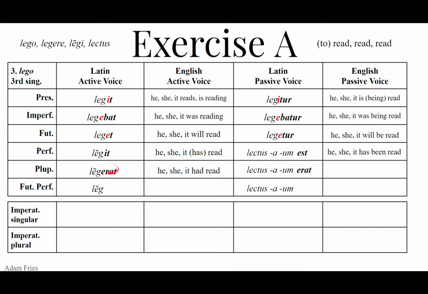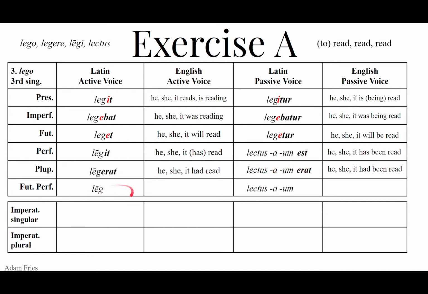Notice the active uses the imperfect of sum as a verb ending, and in the passive, it's a helping verb. Lectus erat: he, she, it had been read. With this being the masculine, this being the feminine, and this being the neuter: lectus erat, lecta erat, lectum erat.